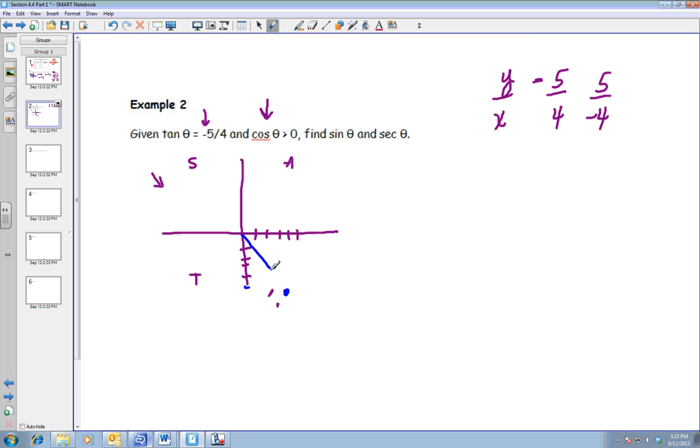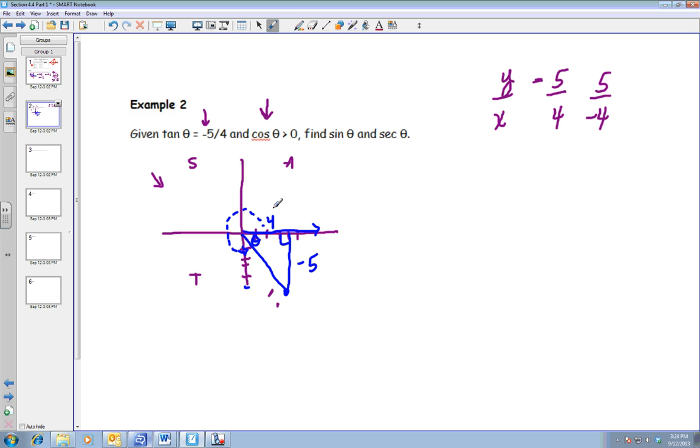And whenever I draw my triangle in, I'm always going to drop it perpendicular to the x-axis. So here's my right angle, here's theta. If I drew my initial side all the way around, this is where this point is. So I went to the right 4, because my x value is 4, and I went down negative 5. So there's my triangle.